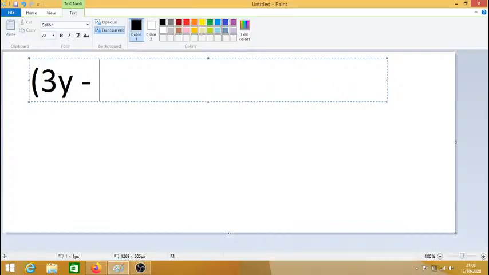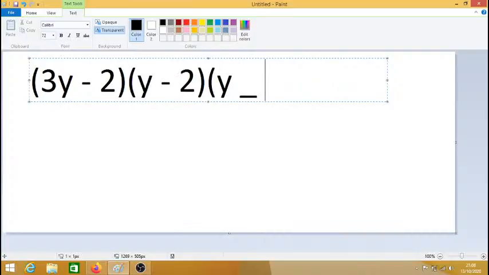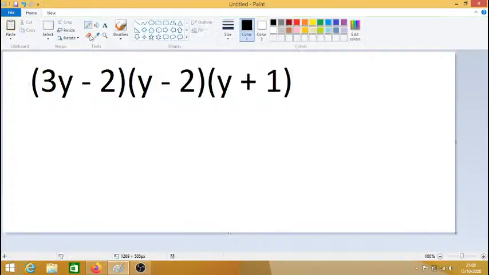So to give you an example, if I had some brackets, and more than 2 this time, then it's up to you. You've got a times sign in between each of the brackets. So really this is like 6 times 5 times 4, or any 3 numbers multiplied together. You just have to pick 2 of them to start with. Which 2 you pick doesn't matter.